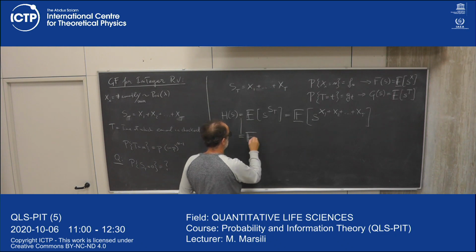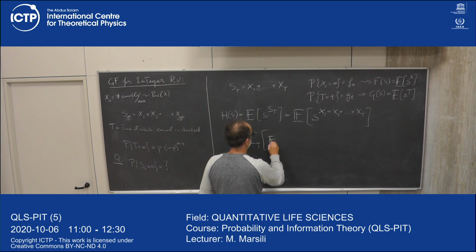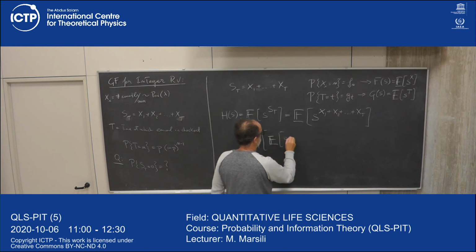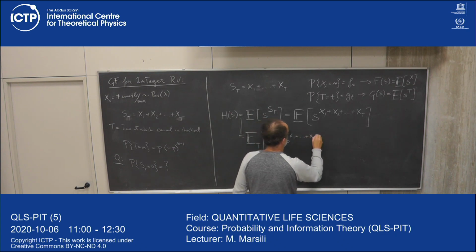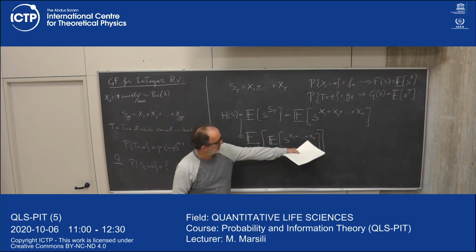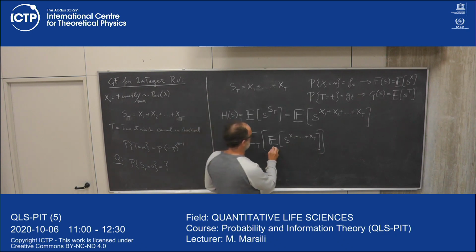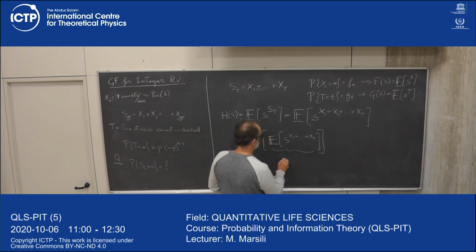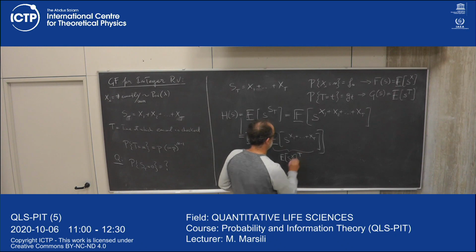First, I can take the expected value over t, and then the expected value over this x1 plus ... plus xt. But now I can use the fact that these xi are all independent and identically distributed, and so that this object is just the expected value of s of x to the power t.